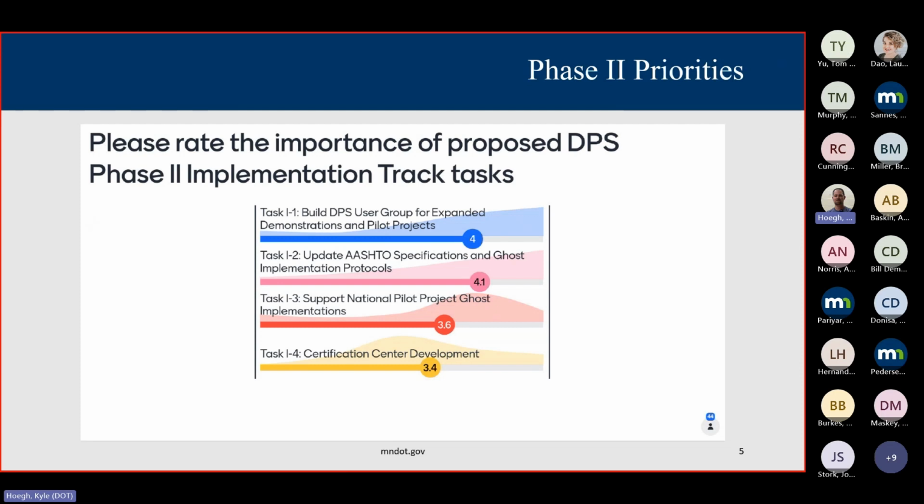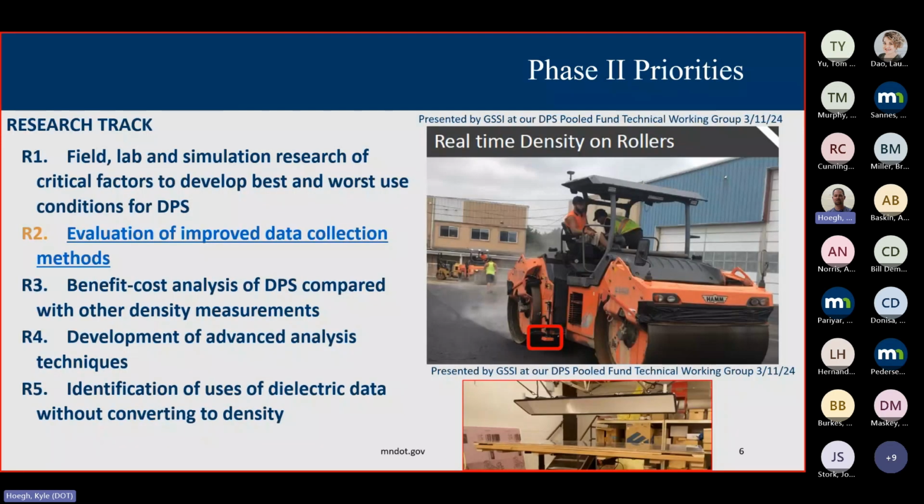So I just wanted to touch on a couple of new developments that this next phase of the pooled fund is going to handle. What you see on the right there is a DPS sensor that's mounted on a roller, and a recent technical working group for our DPS pooled fund discussed and showed some of the results that they're getting when the DPS is mounted on a roller versus what we've been doing, which is just mapping it out after the final roller.